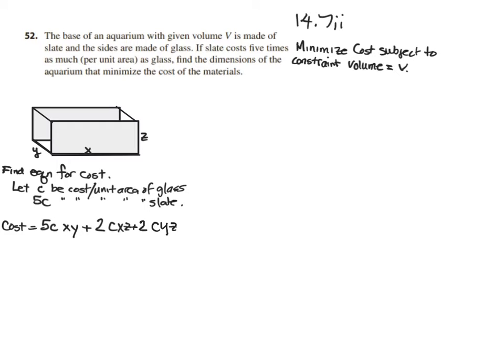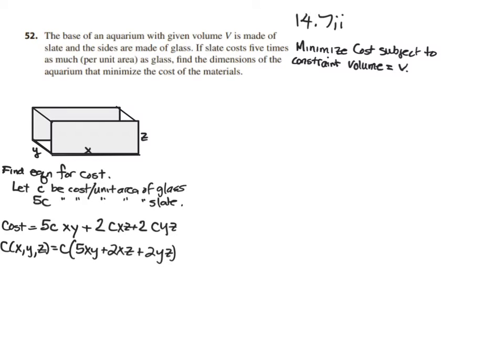So this is our cost, let me just emphasize, as a function of 3 variables. That C is a constant. I could factor that out if I want to. So I just get 5xy plus 2xz plus 2yz.